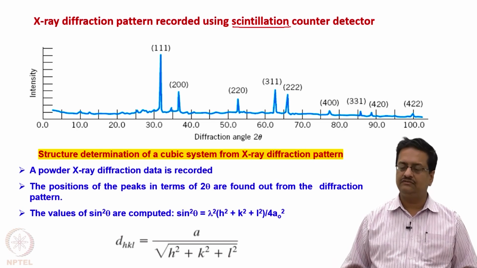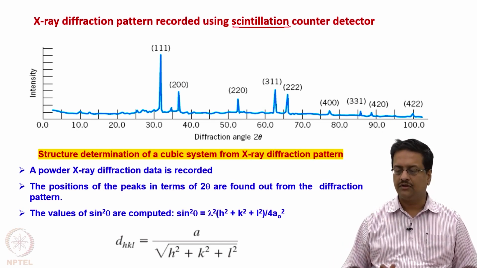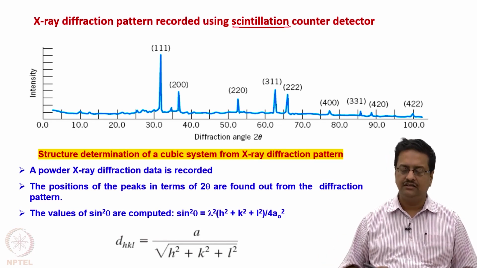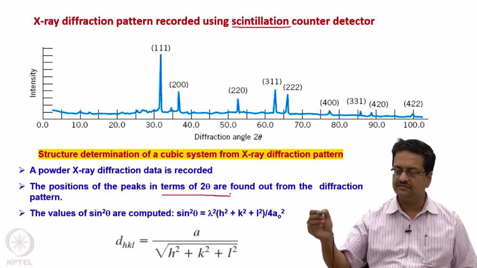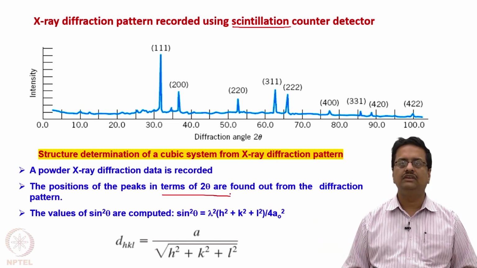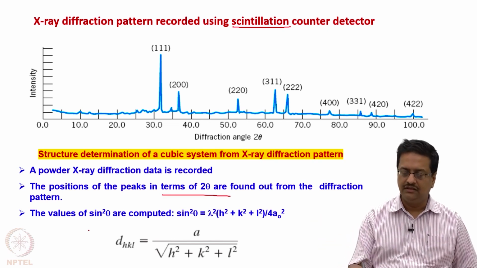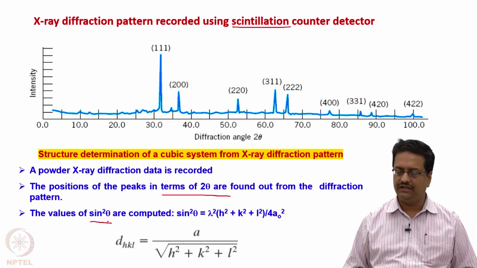So what we do is record powder X-ray diffraction data from about 3 to 50 to 100 degrees in 2 theta, and then we find the 2 theta positions where we get peaks, and calculate the sin square theta value for each of those peaks.